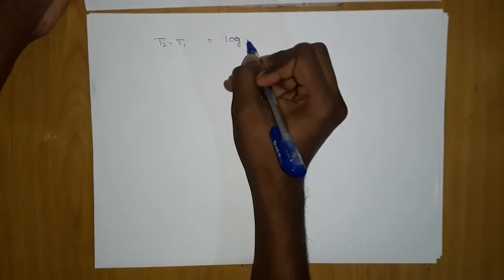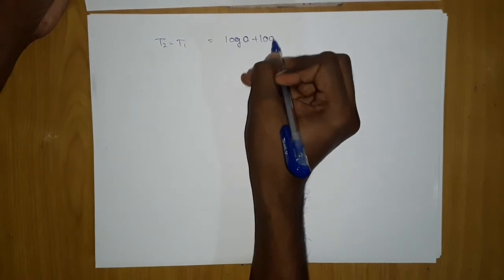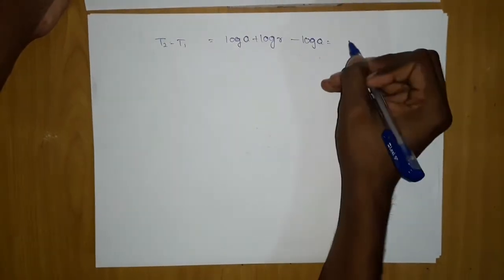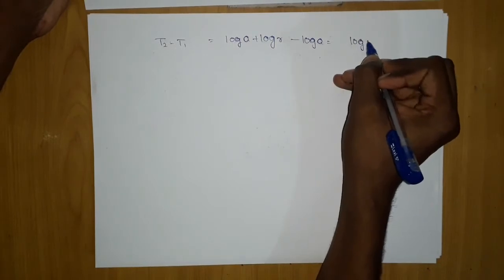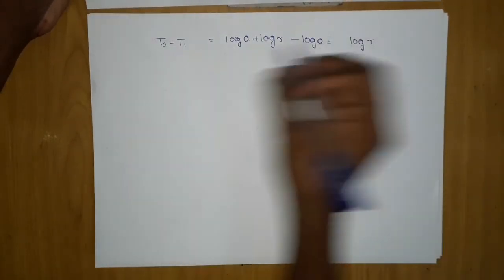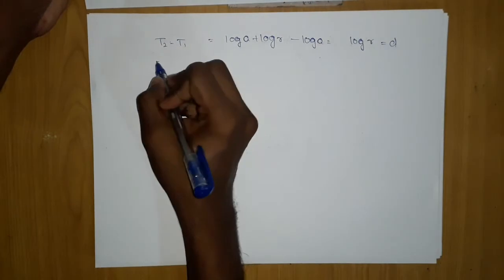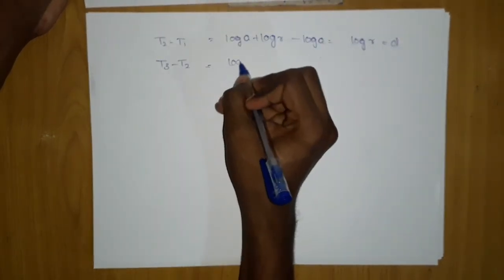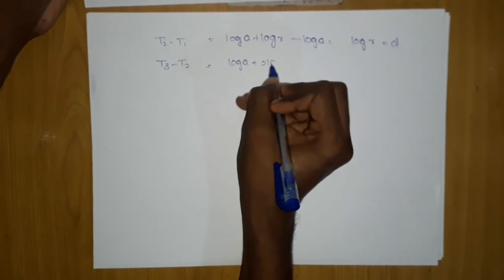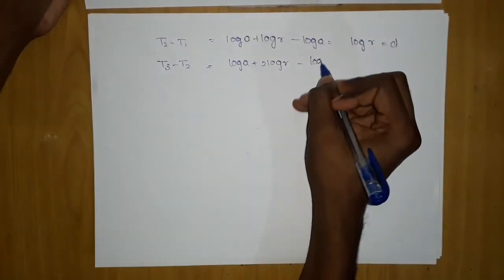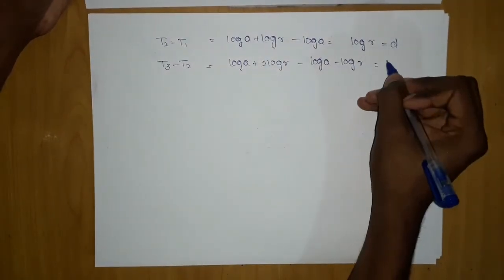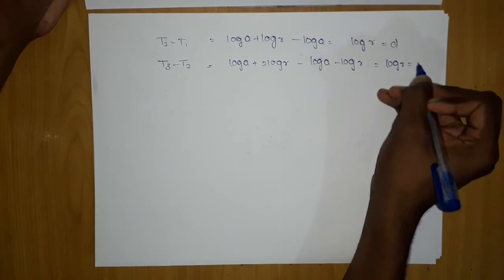Log A plus log R minus log A, which gives me log R. Similarly, T3 minus T2: log A plus 2 log R minus log A minus log R, which gives me again log R. So my D is the same.